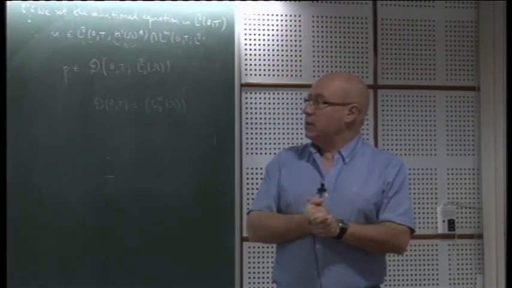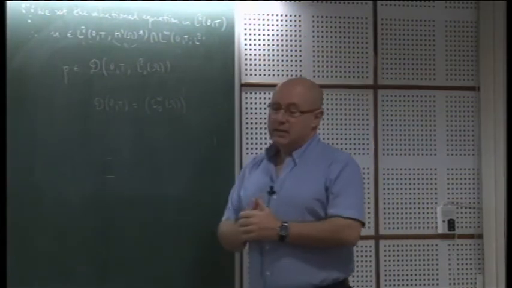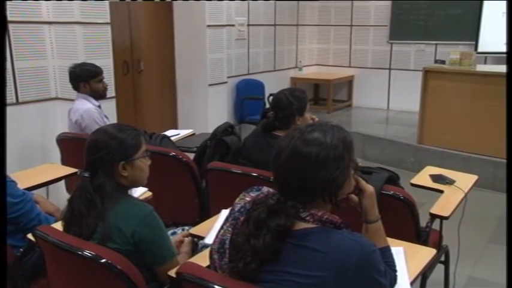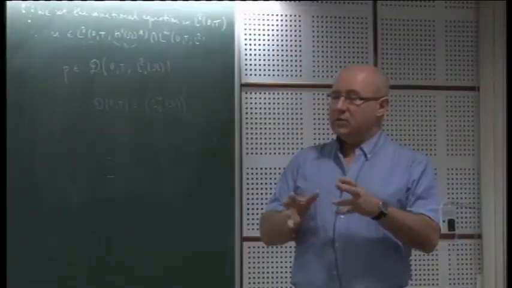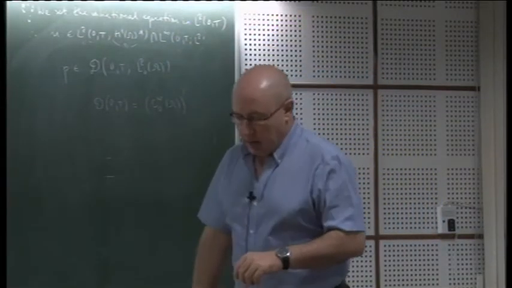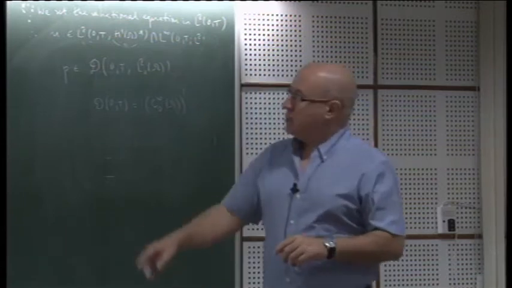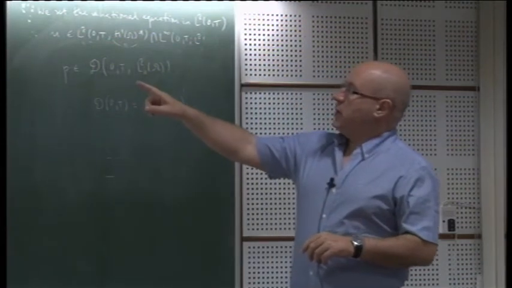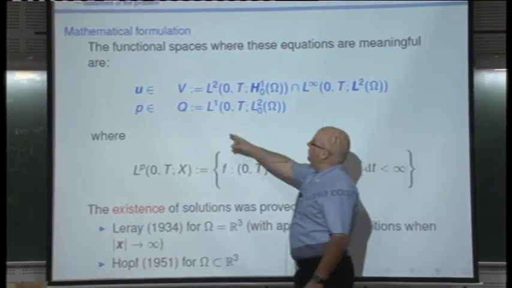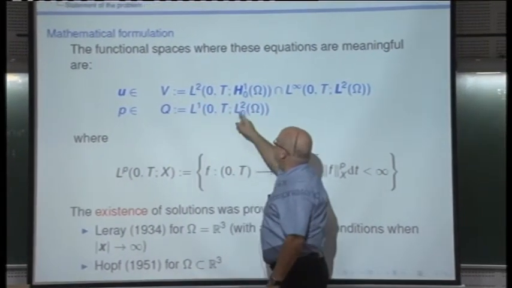Therefore, the topology has to be such that derivatives are continuous, and that's what makes things a little bit technical. Anyway, I have spent some time explaining the spaces where the functions have to belong. If you want, you can replace that by the space of distributions, a distribution in time with values in L2.